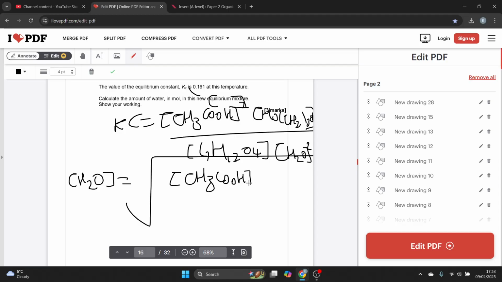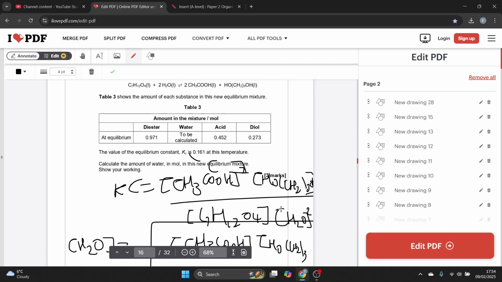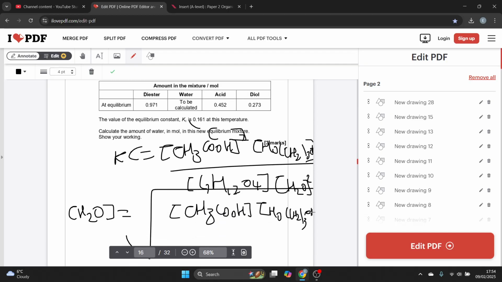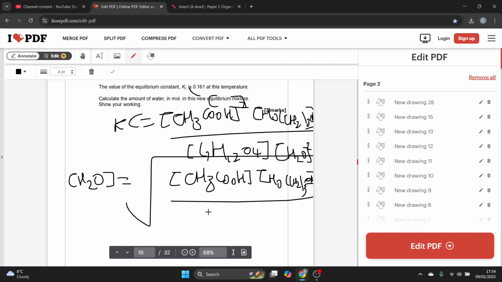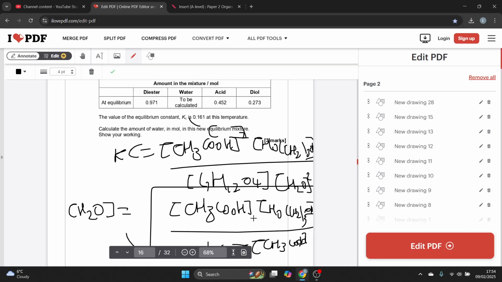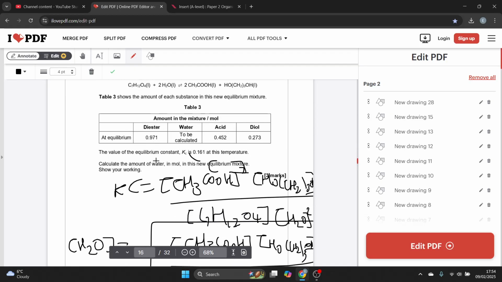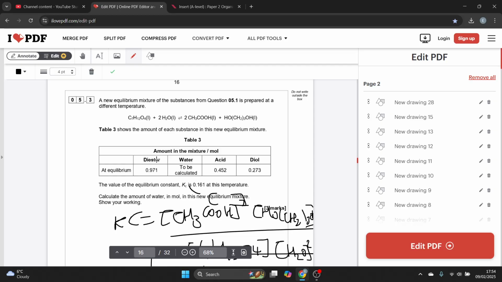CH3COOH, and again that same trick again. It's such a sneaky trick, I'll show you guys. CH3COOH. So I'm already given the equilibrium moles and the volume.